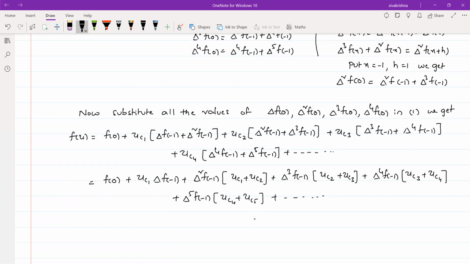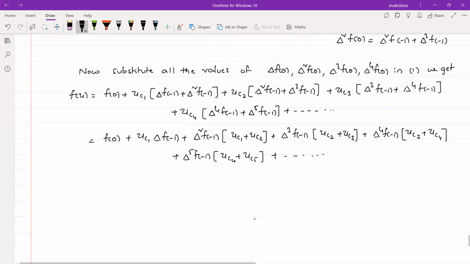Once again, by using the binomial formula, we can get f of 0 plus uc1 into delta f of minus 1 plus, uc1 plus uc2 can be written as u plus 1 c2. This particular formula was already discussed in Newton's Gauss forward interpolation formula. There also we used that formula, nCr plus nC(r plus 1) can be written as n plus 1 C(r plus 1).